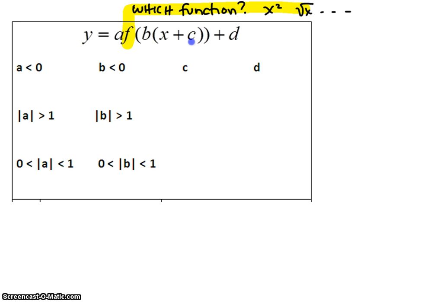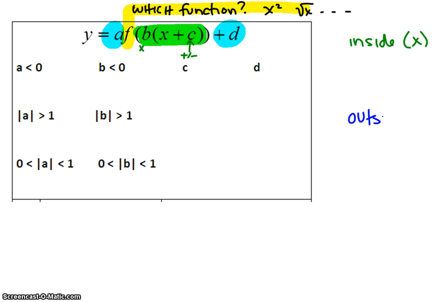But notice there's a couple of things that we can do here. On the inside, that's my x stuff. And what we can do is add or subtract something to it, that being the c, or we can multiply by b. On the outside, that's going to be y stuff.